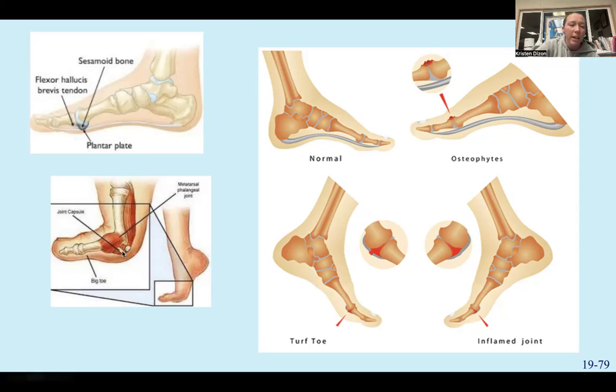So you can see right here, remember you have those little sesamoid bones at the bottom of your distal first metatarsal. And your flexor hallucis brevis is going to go across and then go up behind the malleolus, because that's part of Tom, Dick, Van Halen. And what a turf toe is, is extending that toe right there.